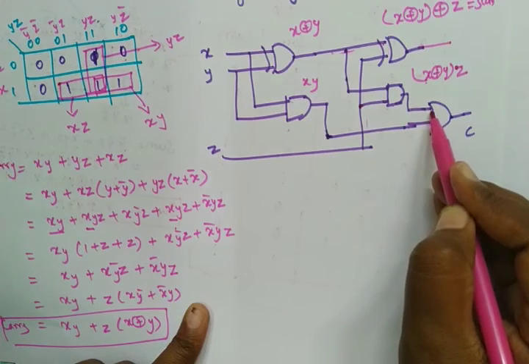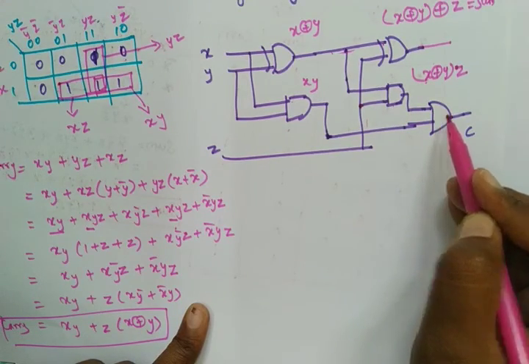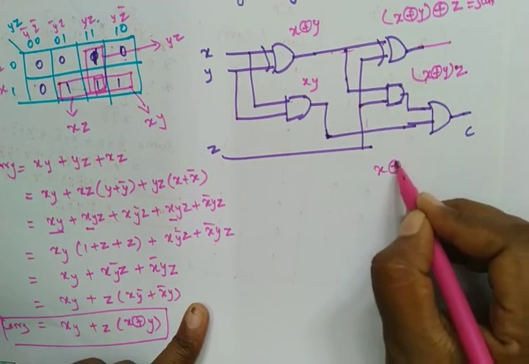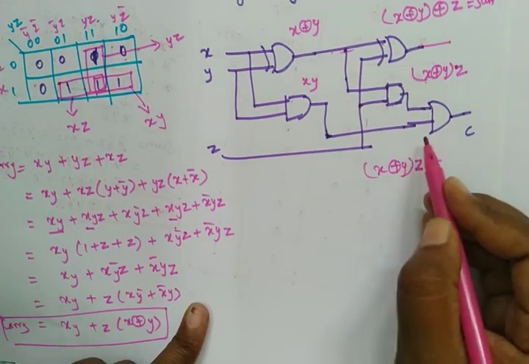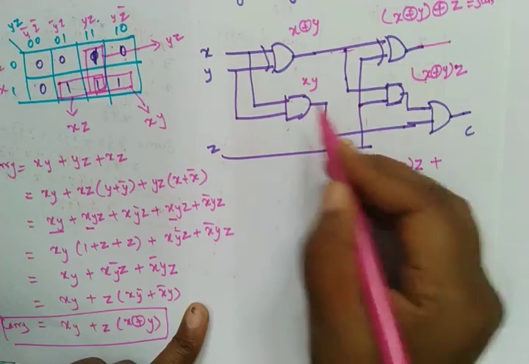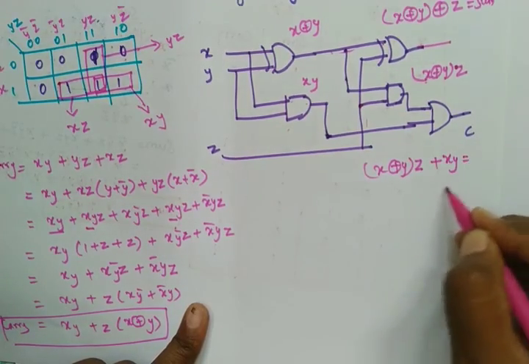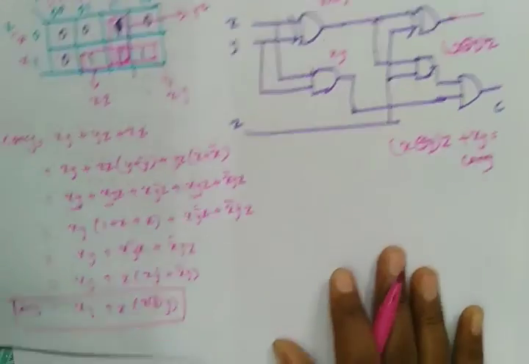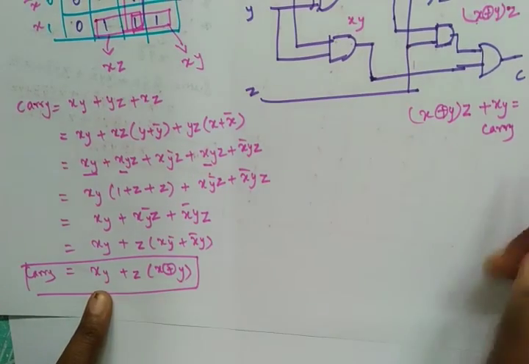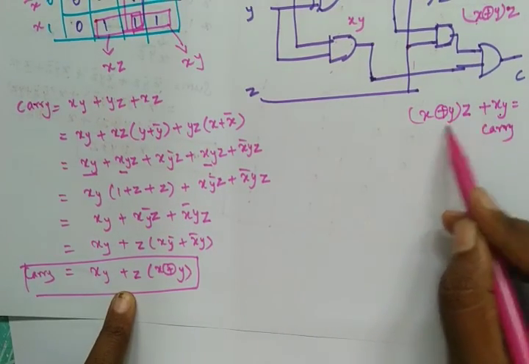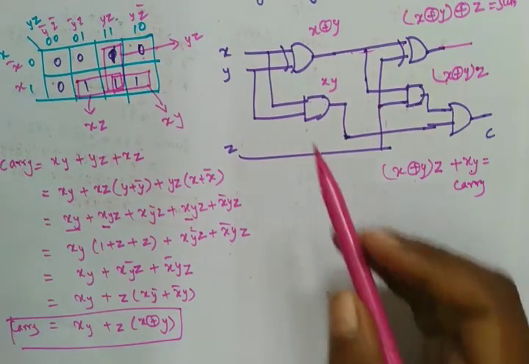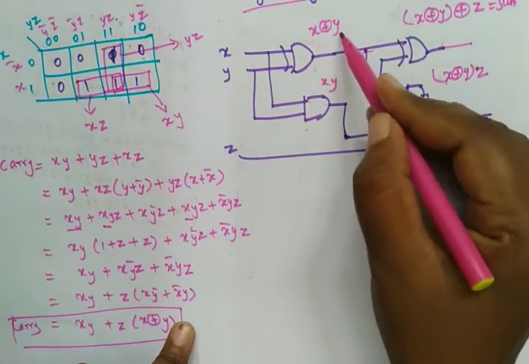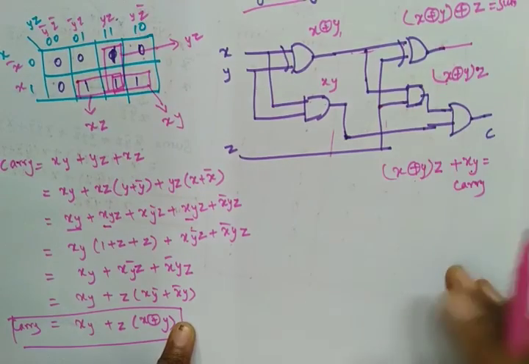Then this output is given as input to the OR gate, along with the other input xy, which gives carry: xy plus z into x XOR y. So this is how we construct a full adder by using two half adders. This is one half adder and this is another half adder.